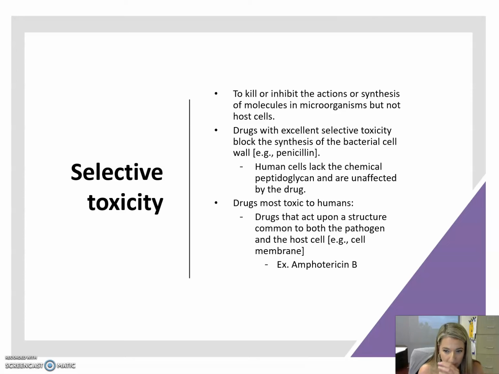Not all medications maintain selective toxicity though. So one example is amphotericin B. Amphotericin B is an antifungal medication. It's often used to treat histoplasmosis, which is a fungal lung infection that can be quite dangerous. So patients need to take this antifungal amphotericin B. The way amphotericin B works is it destroys sterols in the cell membranes of fungi, and that ultimately kills the fungi and cures the infection.